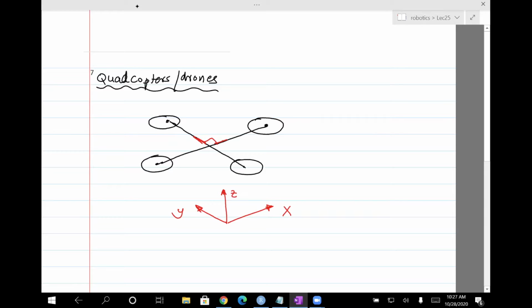Okay, so with that, let me draw the axis. These ellipses, as I said, represent motors, and those motors are spinning. What is done in a typical quadcopter is that you spin these motors in a certain direction.